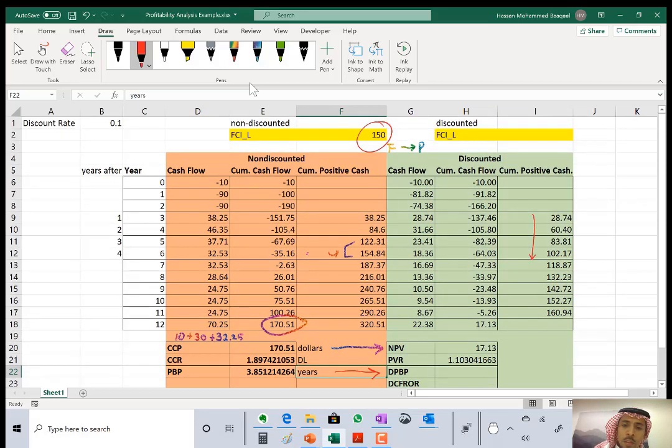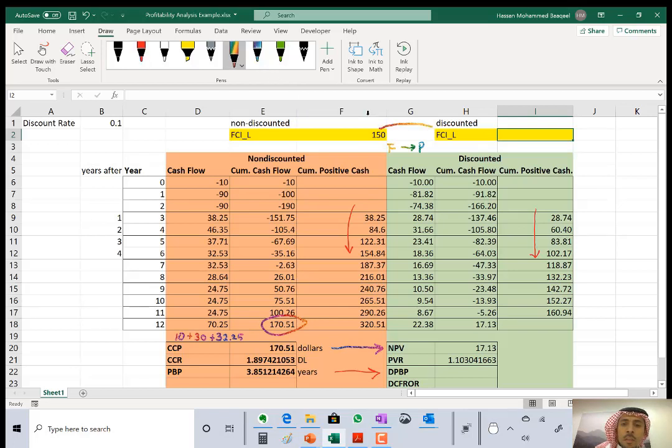We went down the column until we found 150 million. Now we are not looking for 150 because we have to adjust the 150 for the discount rate.